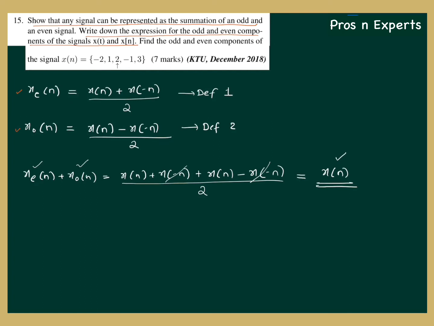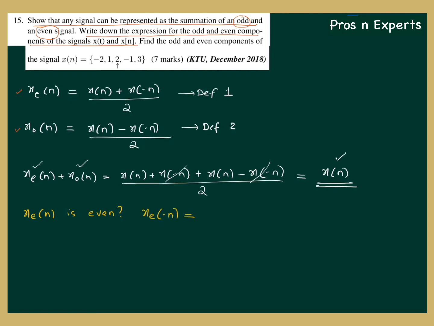Okay, now next I have to prove that these odd and even components are indeed odd and even. So my next aim is to show that this xe of n is even. Let us see. What is xe of minus n?